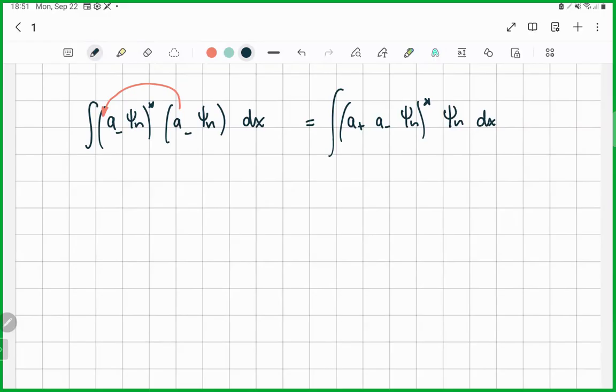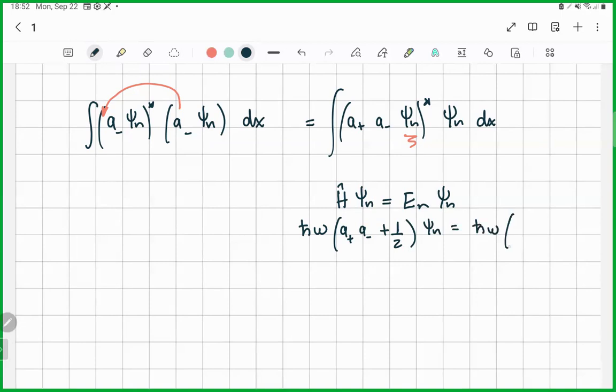Again, if we remember that this ψ_n is a solution of Schrödinger's equation, we know that the Hamiltonian acting on ψ_n gives us energy times ψ_n. A way to write the Hamiltonian is ħω(a₊a₋ + 1/2), equal to the energy, which you also already found, which is this equation.